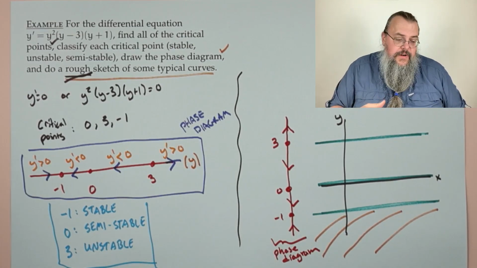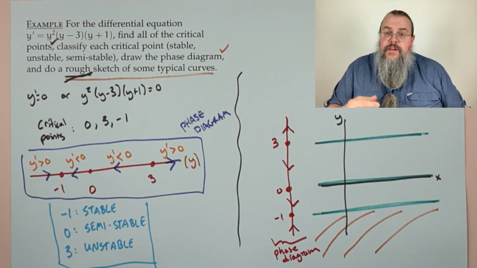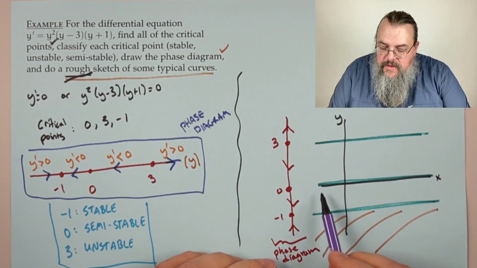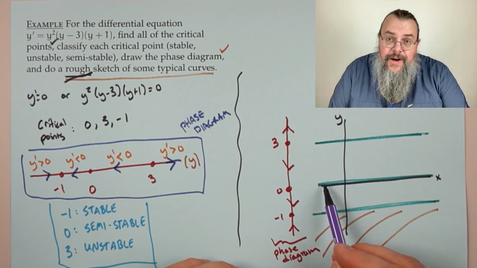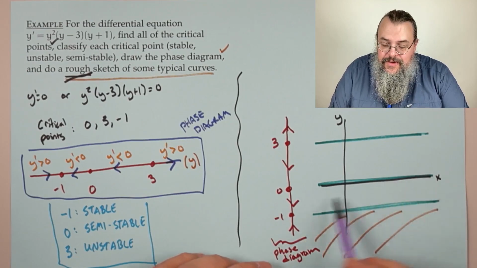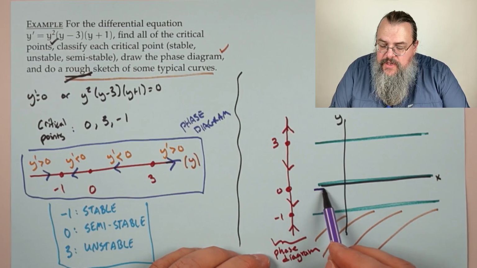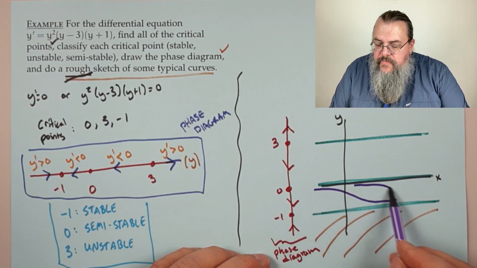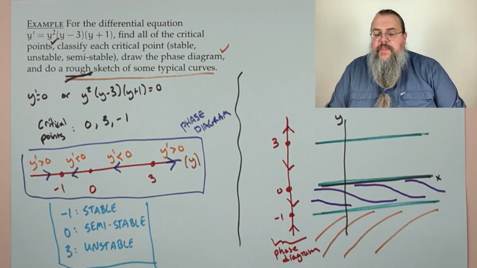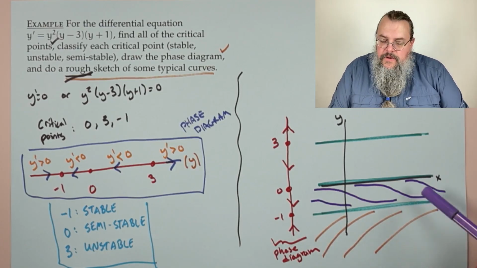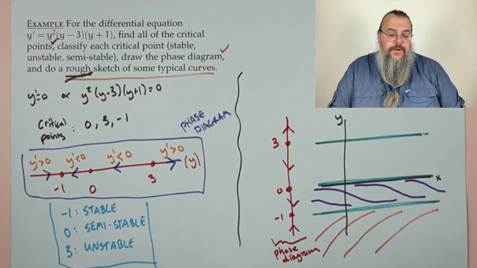What happens there? Well, in that case, we're going down. So we should be coming from 0 down to -1. Now, we can't be on 0, because if I'm on 0, I stay on 0. But I can be just below it, and then I can go down. So we get something that looks something like that, right? Because we go from 0 down to -1.